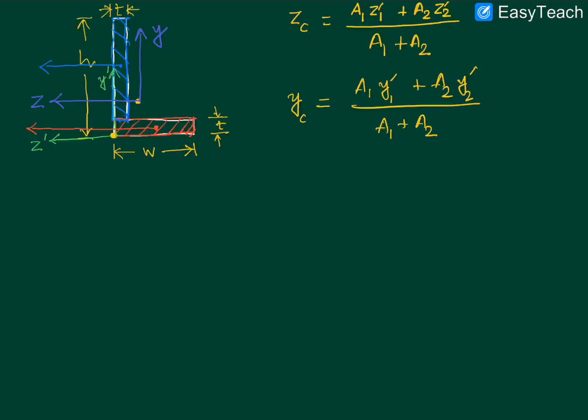So this distance would be dz1, and this distance correspondingly would be dz2. Now writing the 2 in the superscript is not the best of ideas, because it can itself look like a square. So what we'll do is we'll put this within brackets here.